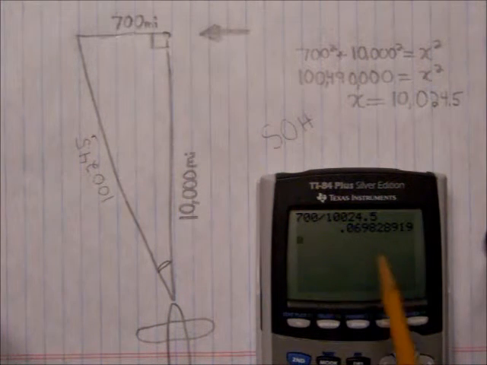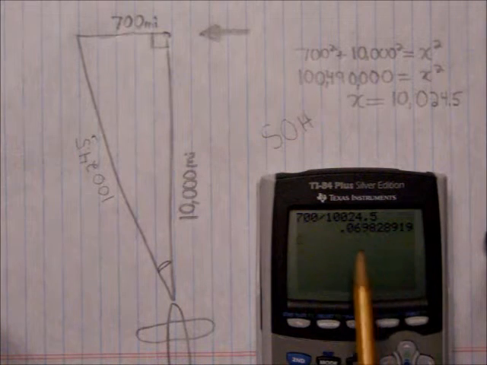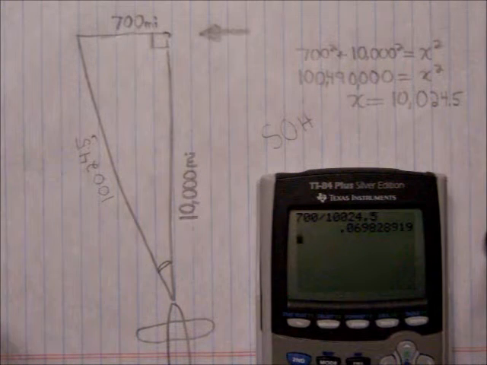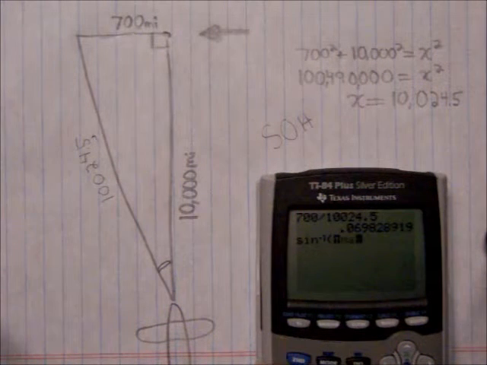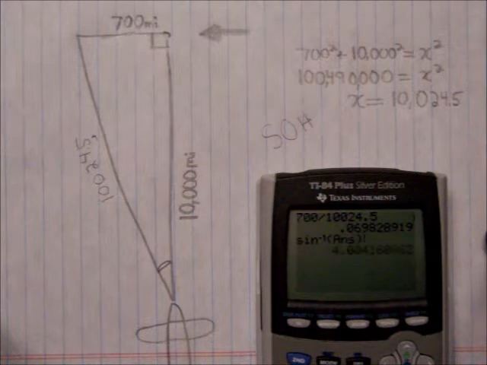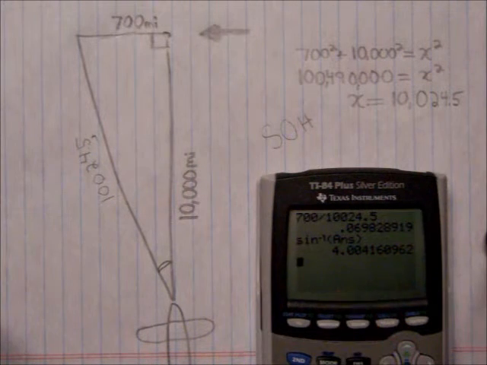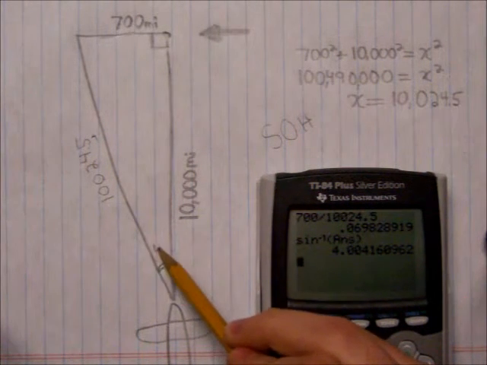Then we'll take the sine inverse of this. So second sine, second answer, which ends up equaling 4. So this angle is 4 degrees.